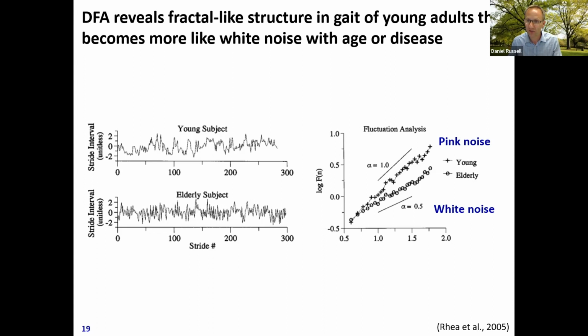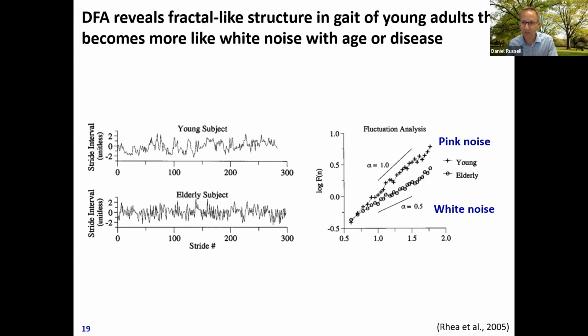That goes against our original concept, where we just assume that variation in our behavior is normally distributed, white Gaussian noise. However, what's interesting is that as you age, you tend to drift down towards a white noise process. You seem to lose some of the temporal scales that we're seeing there.